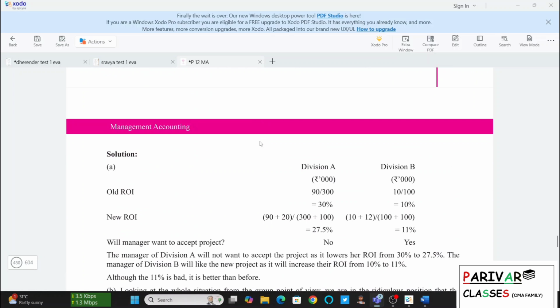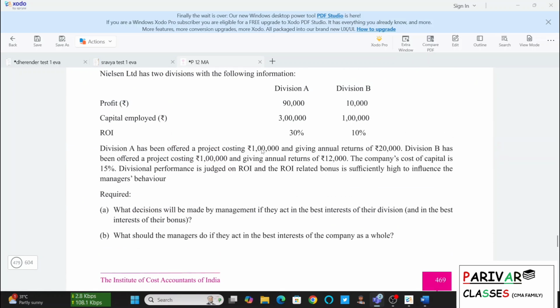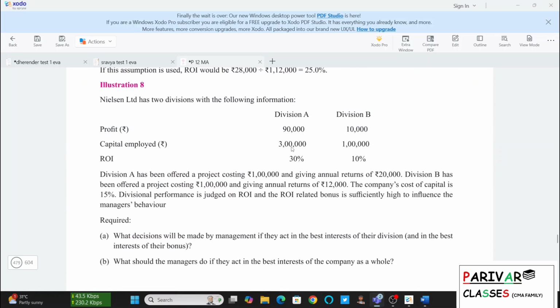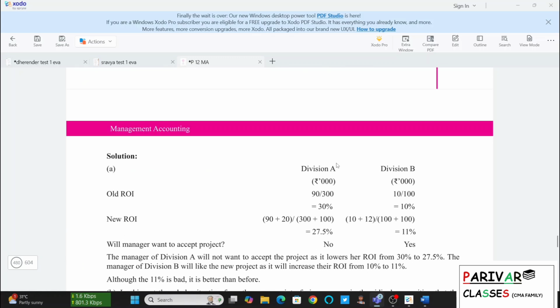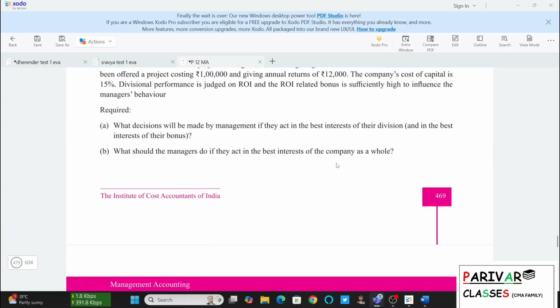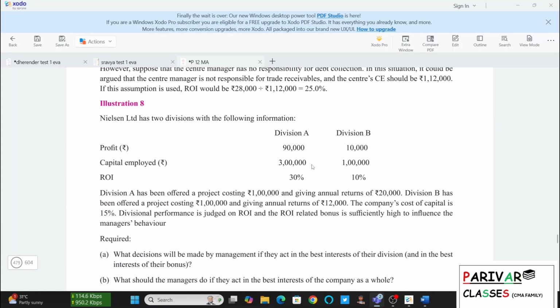Let us see. 90,000 divided by 3 lakhs, 30 percentage. 10,000 divided by 1 lakh is 10 percentage. This is the old ROI. For calculating the new ROI, capital employed will become 4 lakhs for division A because the project is costing 1 lakh.